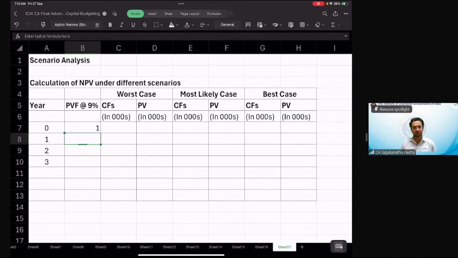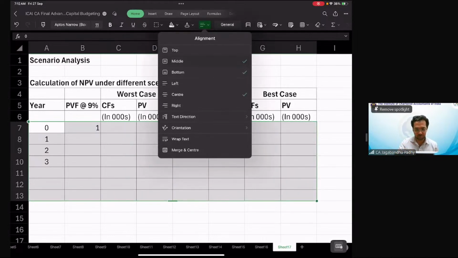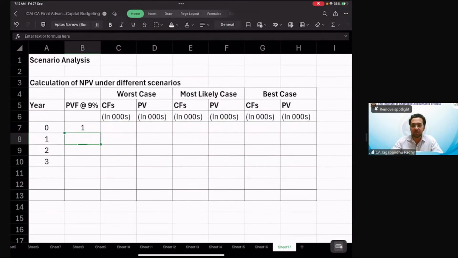Of course, for year 0 it's going to be 1, right? And for subsequent years, you can get the present value factors at 9%, guys. What's the present value factor at 9%? Give me the numbers.